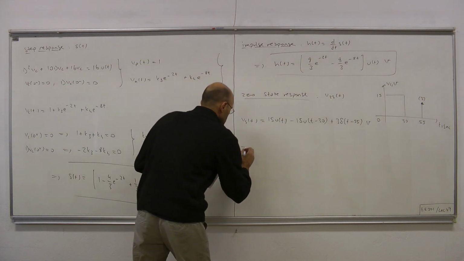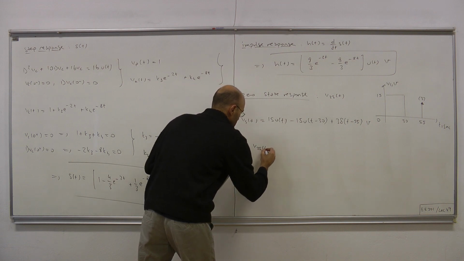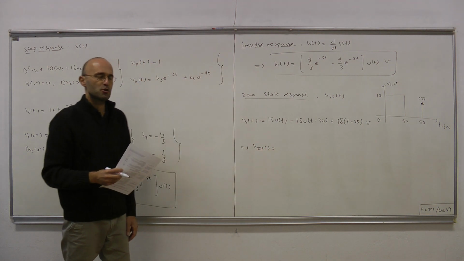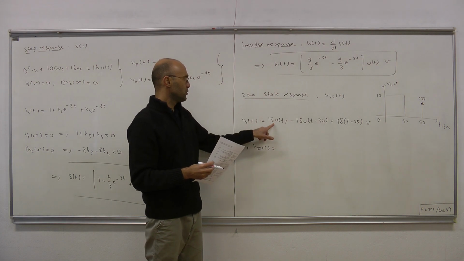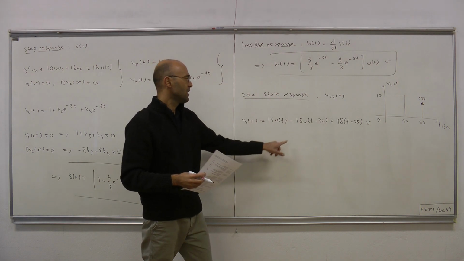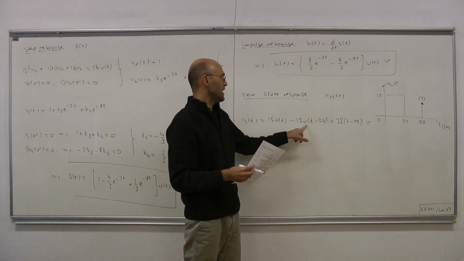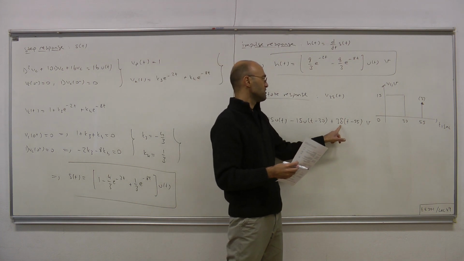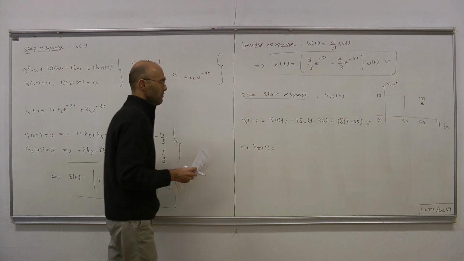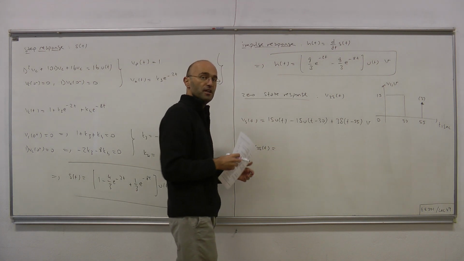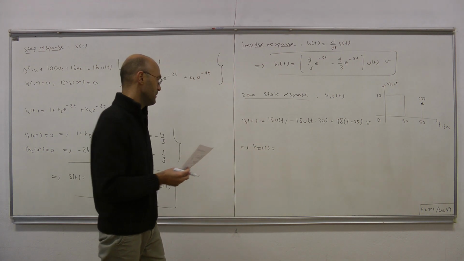And that means the zero state response is, since the circuit is LTI, this produces 15 S of t, this produces 15 S of t minus 30, and this produces 3 H of t minus 55, using homogeneity and time invariance.